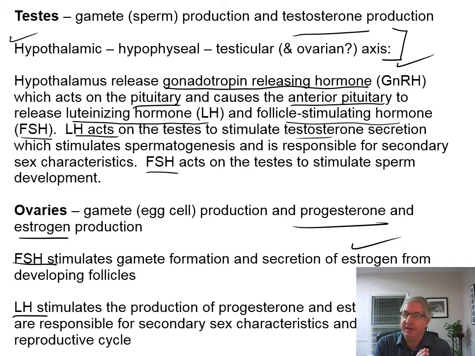This is an old way of thinking about things, because the hypothalamic hypophyseal axis includes both the testes and the ovaries. So it actually goes both ways. I'm not sure why she referred to it in this old sense. But you may hear words like this, and this does affect the way that you view things. You view it as the hypothalamic hypophyseal testicular axis, and you think, oh, women are secondary, women are just little men.